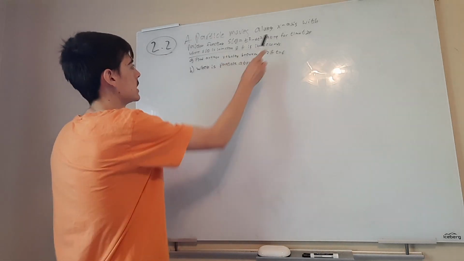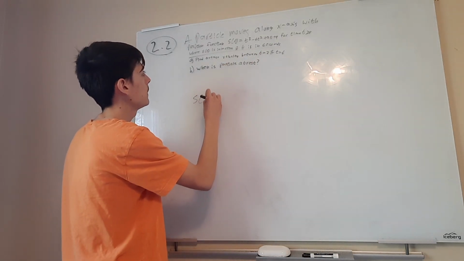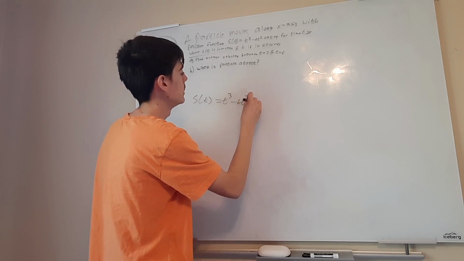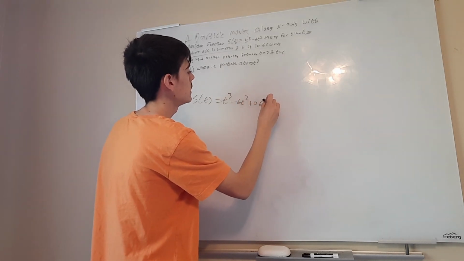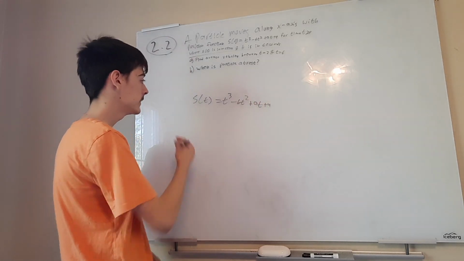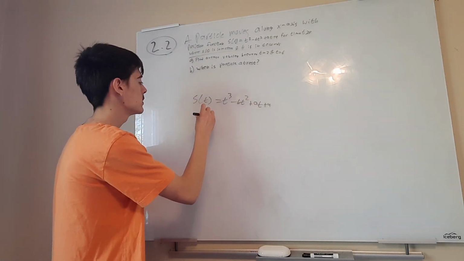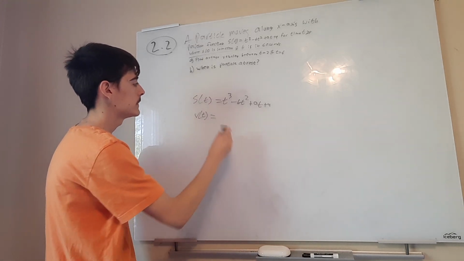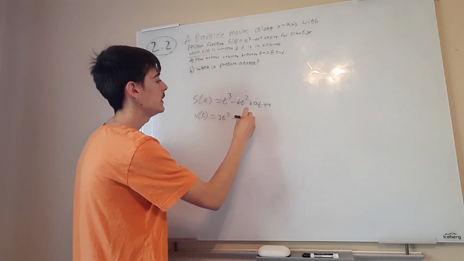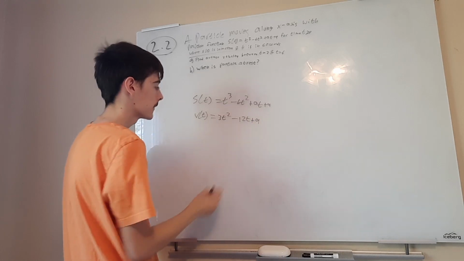Our position function, as it's set up here, was S of t equals t cubed minus 6t squared plus 9t plus 4. Now we take the derivative of this function to get our velocity function, so v of t equals, this is all just power rule, 3t squared minus 12t plus 9.